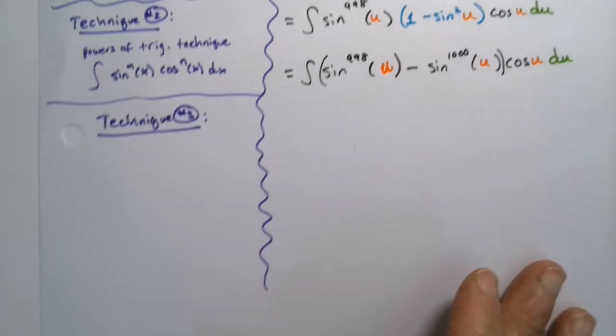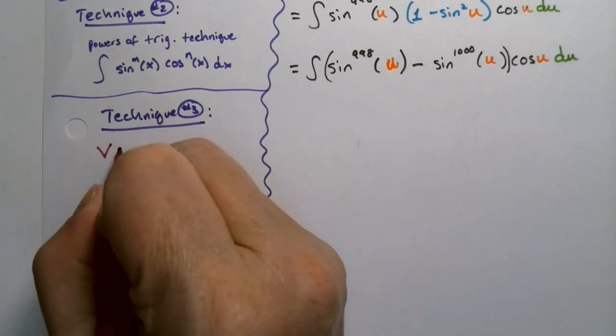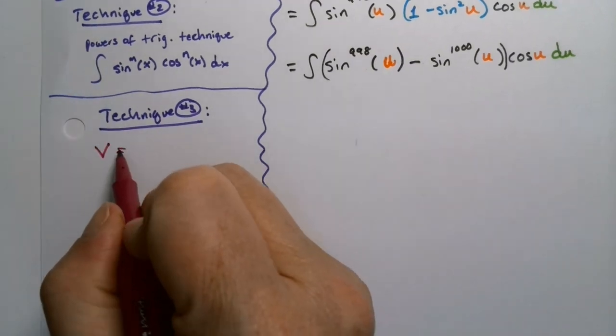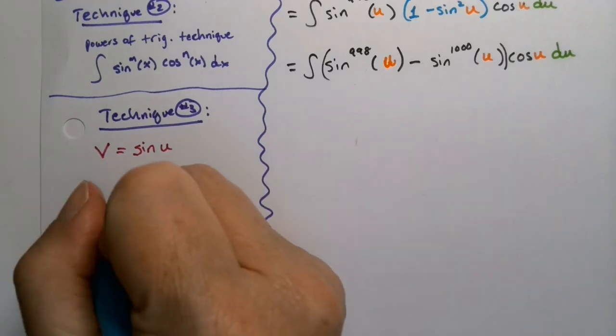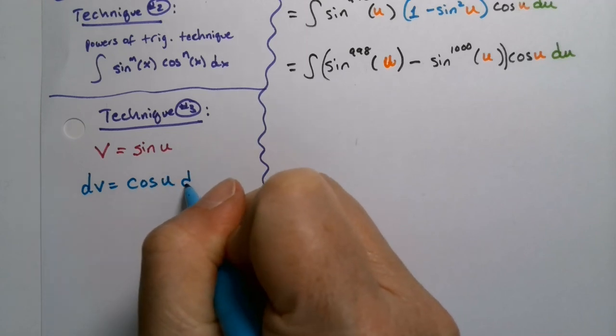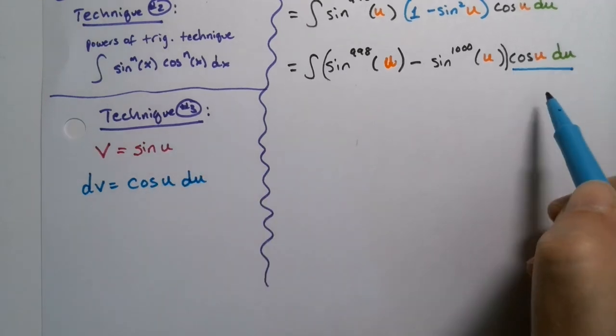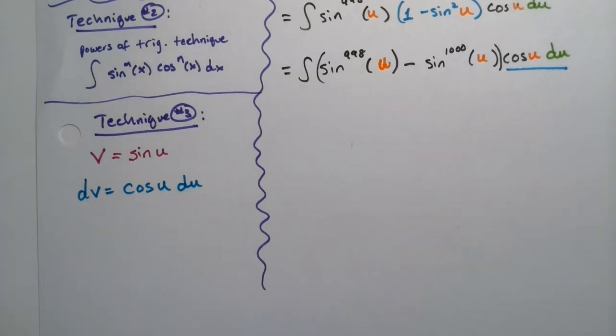I can't use u again because I've already used u, so I'm going to call it v. v is the sine of u. Then the derivative of that is cosine, which will be this part right here. Sneaky, huh?